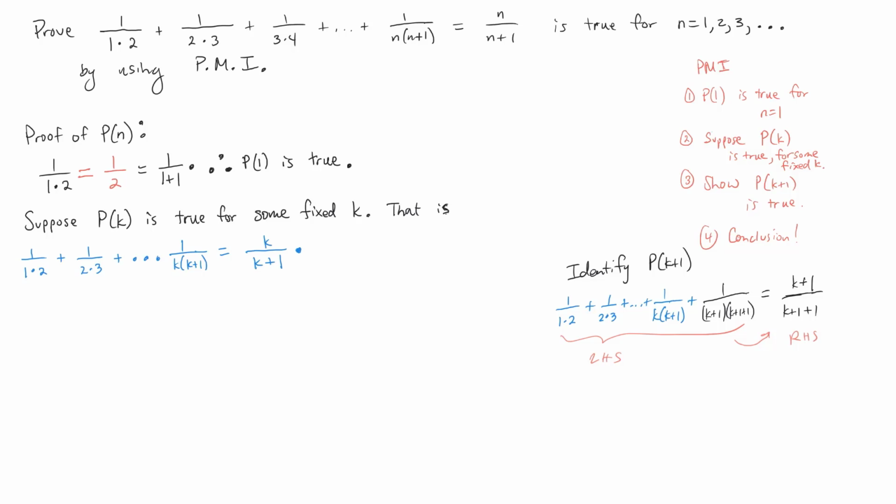We're going to write it, then, after the period, we are going to write this: 1 over 1 times 2 plus 1 over 2 times 3 plus dot dot dot 1 over k times k plus 1 plus 1 over k plus 1 times k plus 1 plus 1.